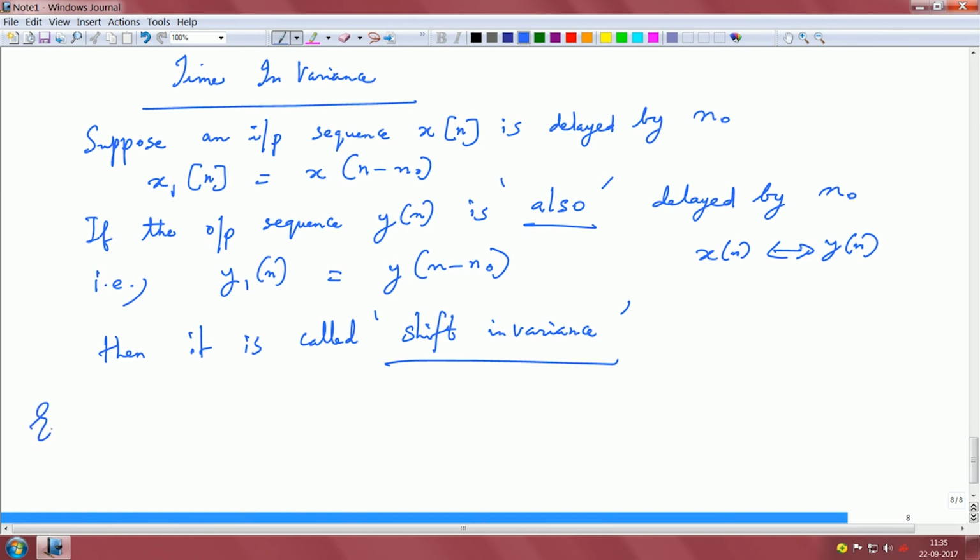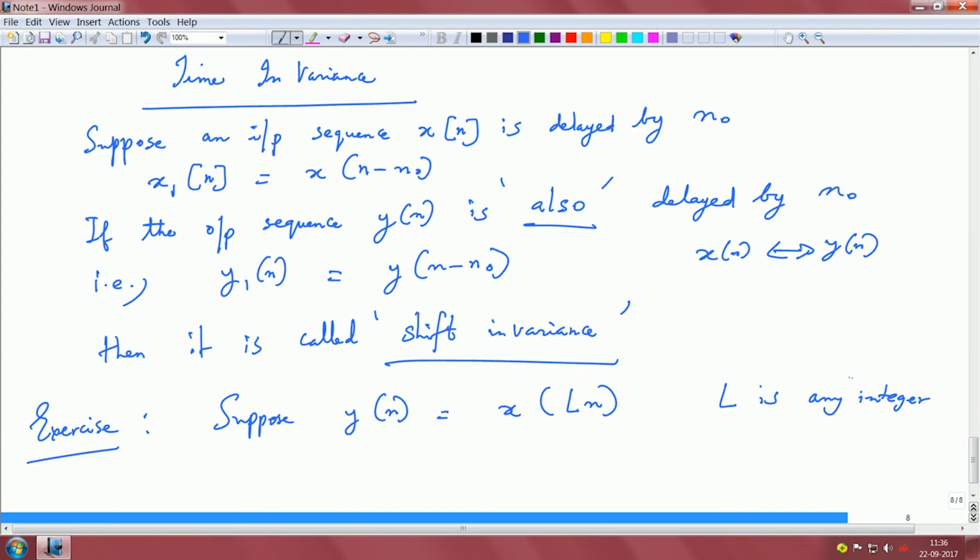Now, you might want to ponder about this: if I give you a sequence y of n which is x of L times n, where L is any positive integer, is this shift invariant?